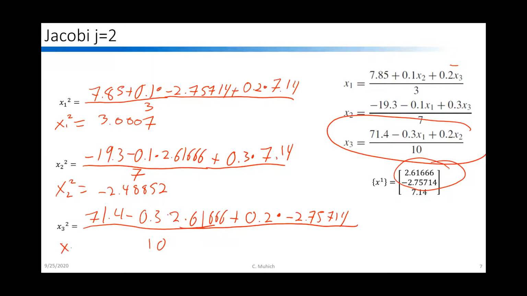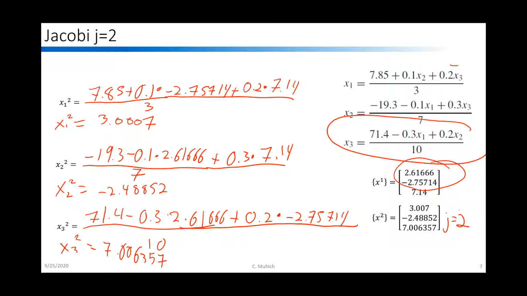And that gives us an x3 value of 7.006357. Okay. So now we can update our x vector. Here we can tell that we're on iteration 2, or j equals 2, by that 2 above the x. Be careful when you're doing Jacobi that we don't confuse that for an x squared, but that's j equals 2, not to the power.